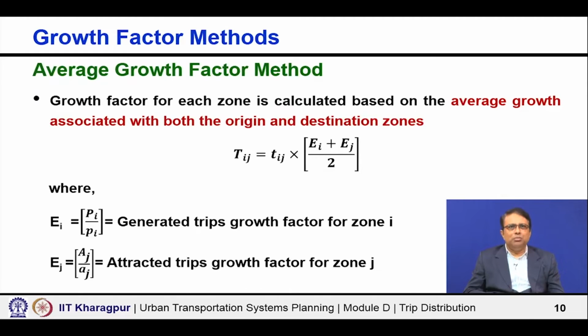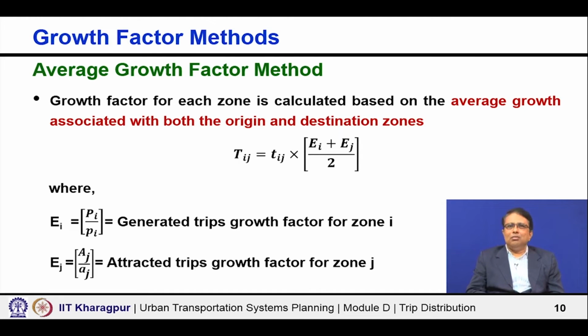Now, to overcome this, next came a different method, what is called the average growth factor method. So what was the issue? The issue with the earlier uniform factor method was that we did not consider the growth of different zones, we did not recognize that.